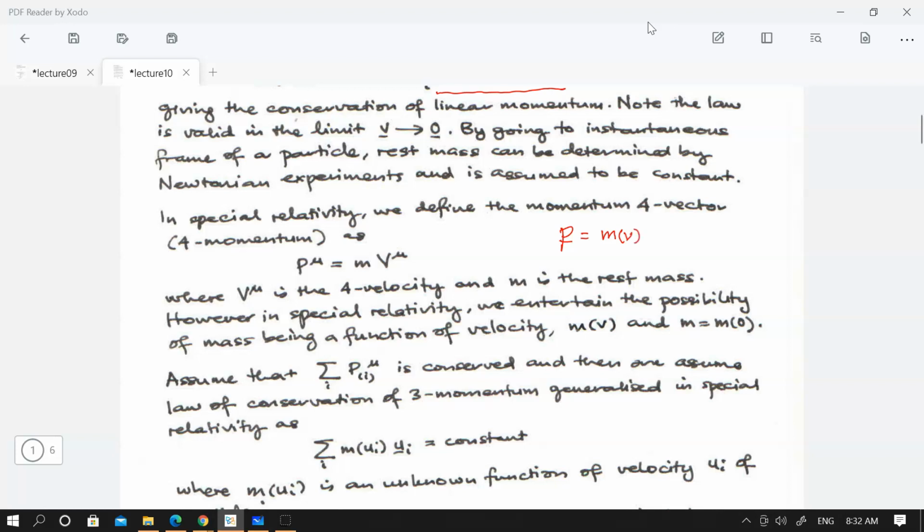We say that this is the possibility of your mass depending on the velocity, and we'll see this later on. In other words, we have the mass as a function of velocity. When you take the velocity in the limit of v tends to 0, your m(v) will go to m naught, which is what we call the rest mass.